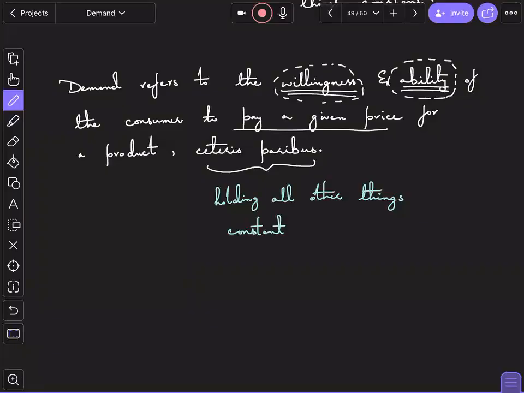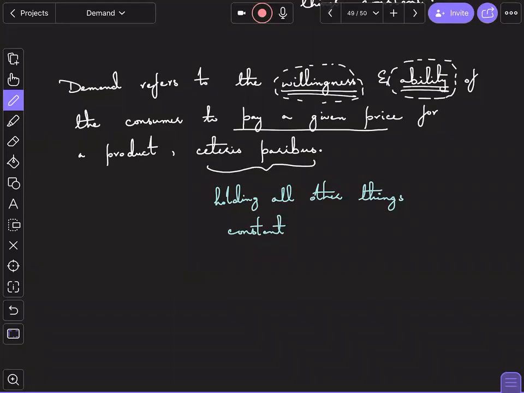So, guys, with this assumption of holding all of the things constant, we identify the relationship between price and what quantity the consumers will be willing and able to buy at certain prices.